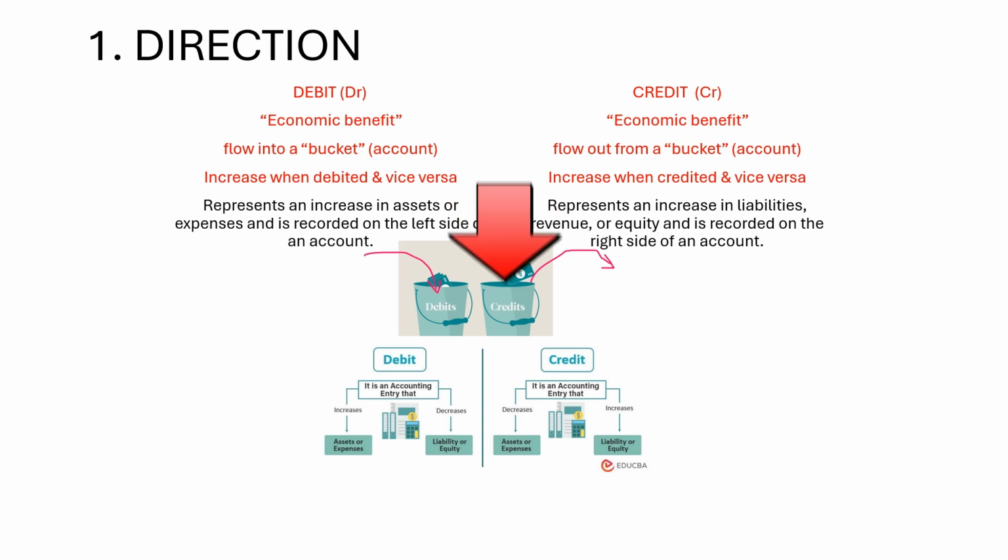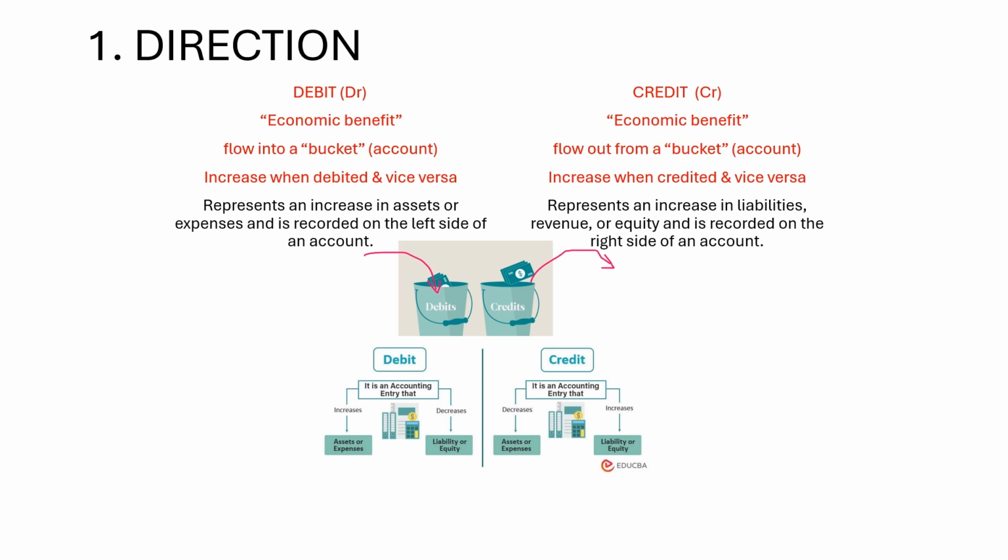And the credit, CR, represents an increase in liabilities, revenue, or equity, thinking of it as money, value, or economic benefit flowing out of a bucket, and this is recorded on the right side of an account. This is essential for balancing financial records, so that the double entry is maintained.